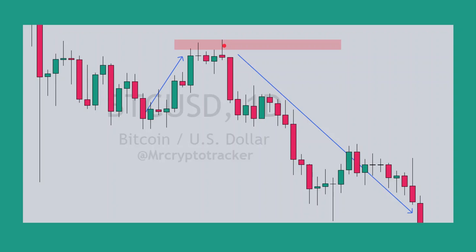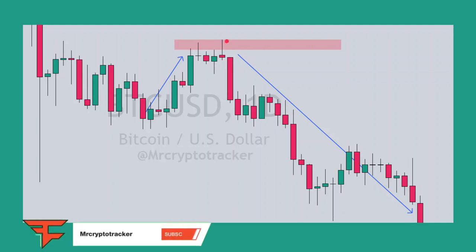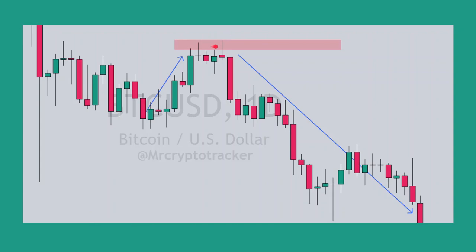So a trader can use the highest high between the doji and the prior candle as resistance. Here is the high of the doji and here is the high of the prior candle, and this area is our resistance.